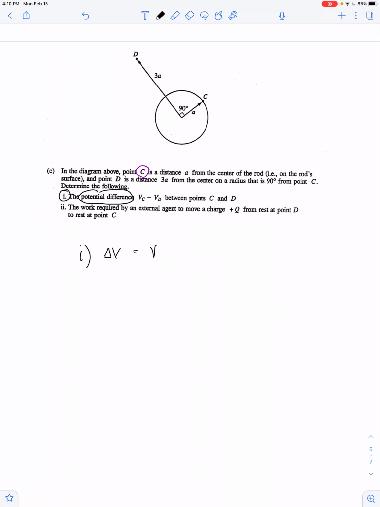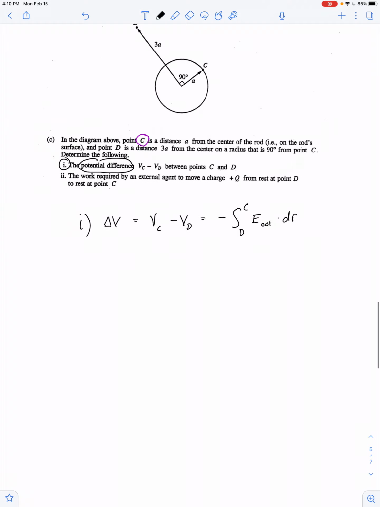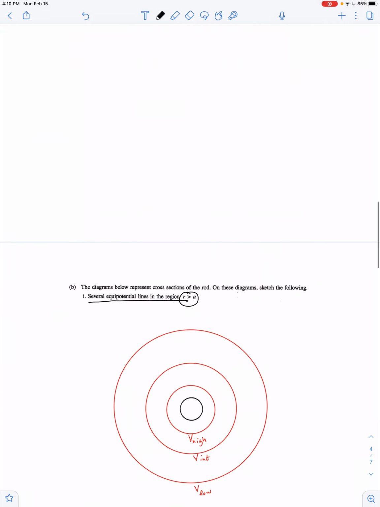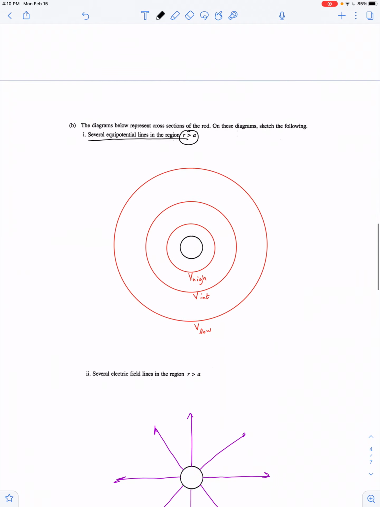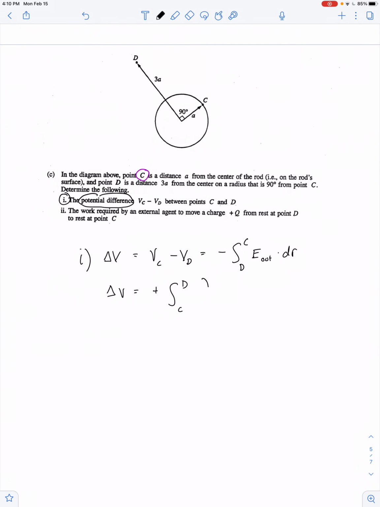So VC minus VD is equal to negative the integral from D to C of E out dot dr. Or in other words, this delta V is equal to positive the integral from C to D of E out, which we derived in part A, lambda over 2 pi epsilon naught times 1 over r dr.